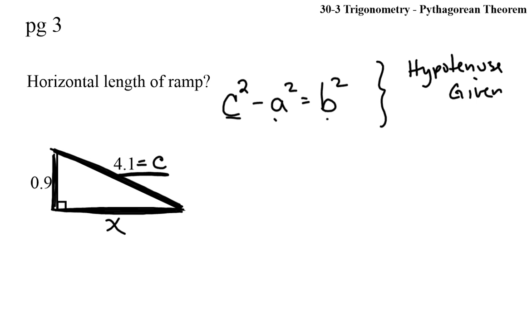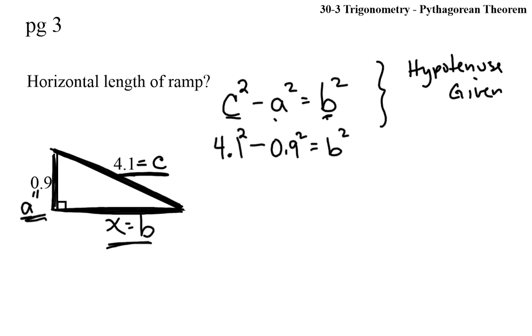A and B are interchangeable. Here, I've labeled the unknown as B, what we're trying to find, so that would be A. So using this formula, I can plug in. Now I have the 4.1 squared, subtract the other known side, 0.9 squared, will equal the unknown side squared.